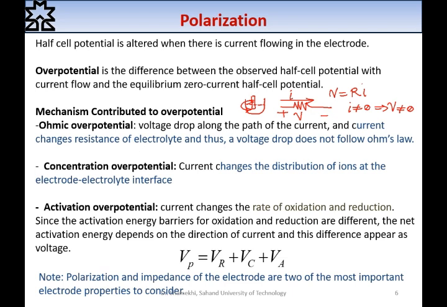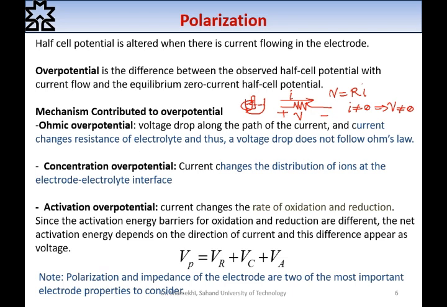But we focus only on ions, because we have plenty of electrons inside our metal, and only the concentration of ions in the electrolyte is important for us. Flowing the current will change the concentration of ions inside the electrolyte. Therefore, the half cell potential related to the stored charge will be changed also.